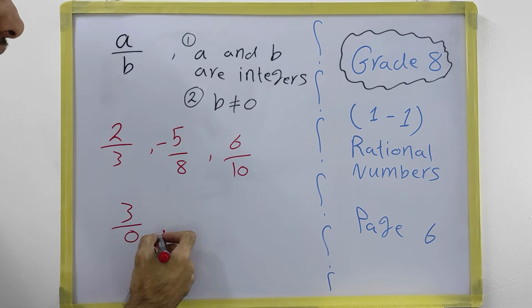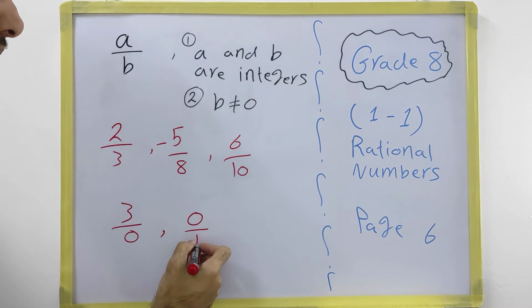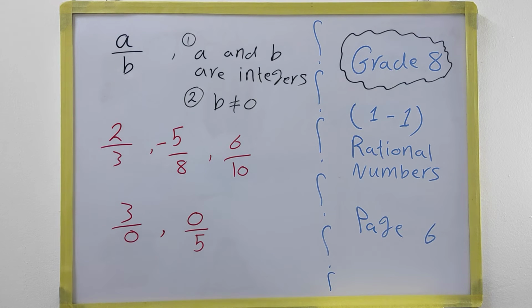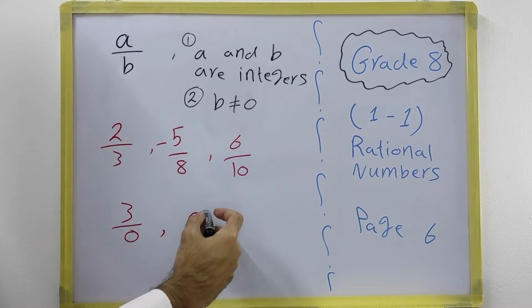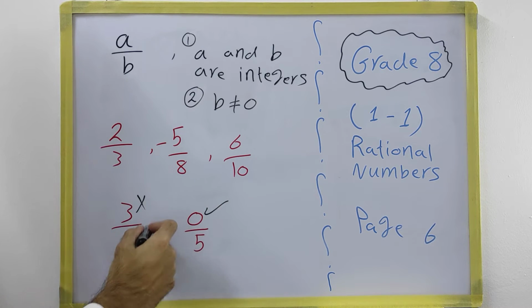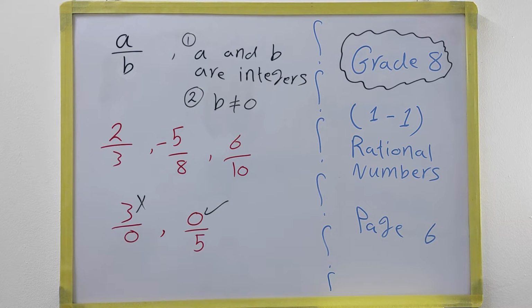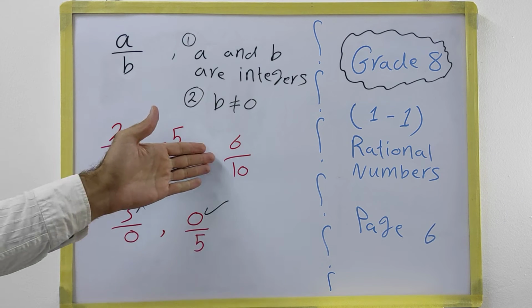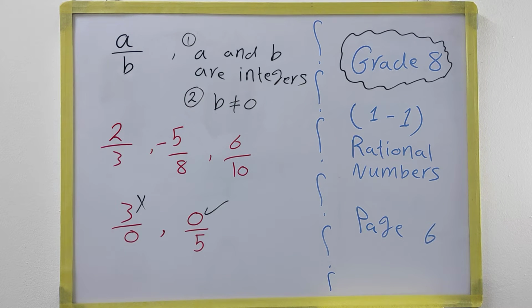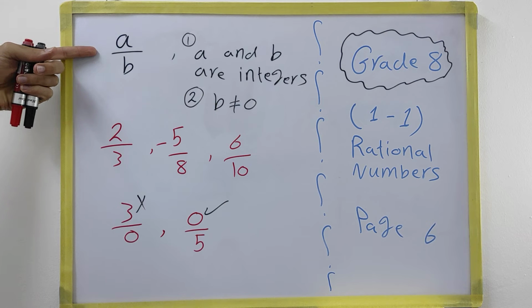But for this one, 0 over a number, it's okay. This one is rational, but this one is not, because we said the denominator cannot be 0. The others are all rational numbers. That's the first most important thing to know about rational numbers, which is the rule of it.